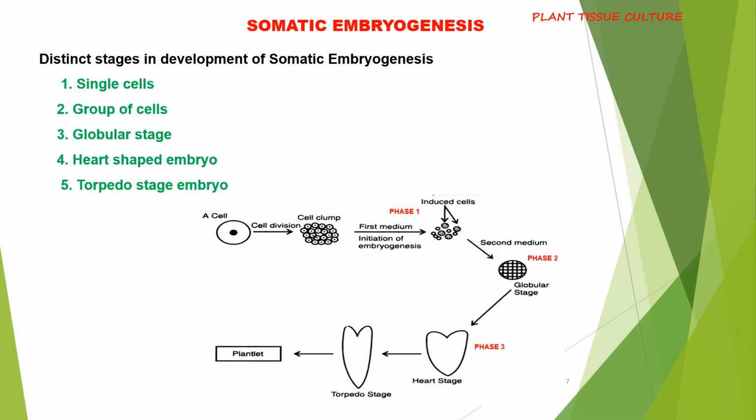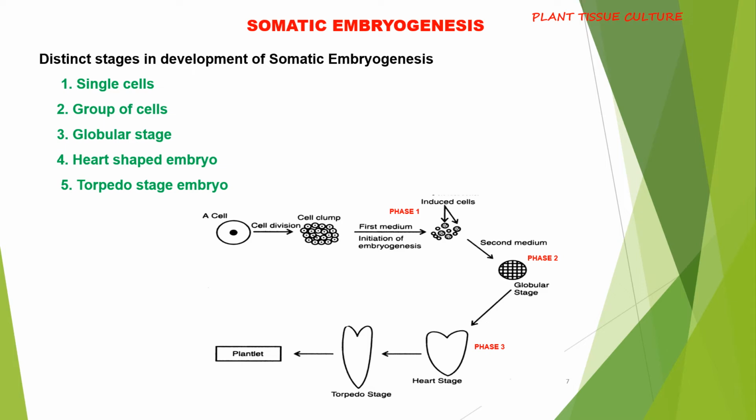The different stages of growth in somatic embryogenesis of a dicot plant can be summarized as: firstly, a single cell is de-differentiated in an appropriate nutrient media composition and multiplies. Second, induction or initiation or acquisition of embryogenic competency by these cells.